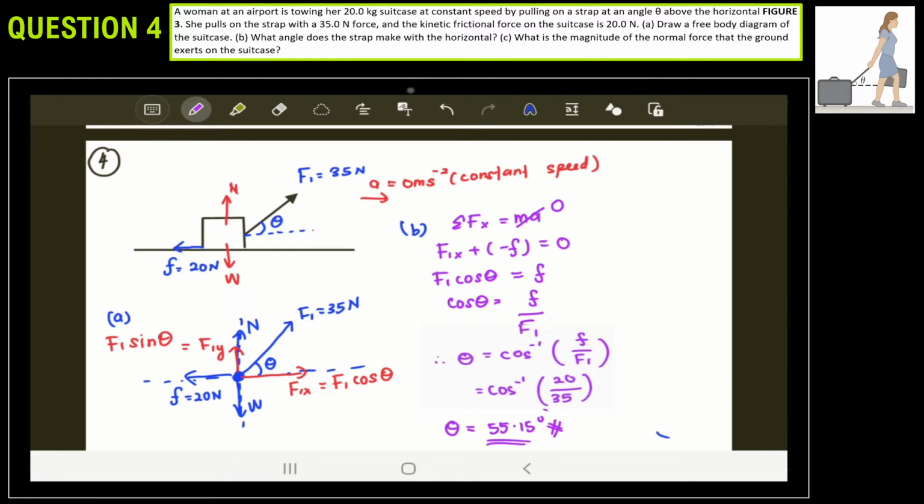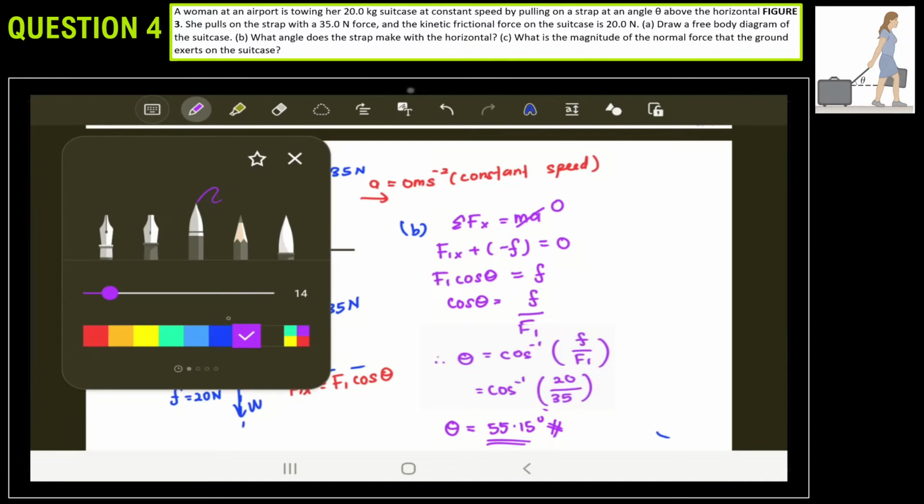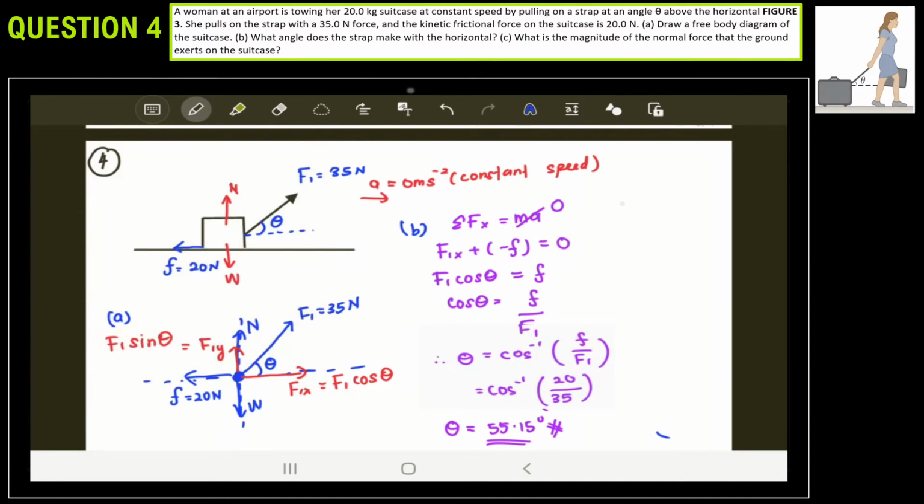And C, I will write C here. I'm going to use black color. For C, we want to find the magnitude of the normal force that the ground exerts on the suitcase. Looking here, on the y-axis we have three forces: normal, F1y, and W. First, write total Fy is equal to 0, because the normal force is in the y component.